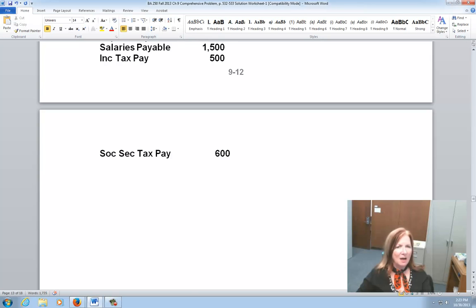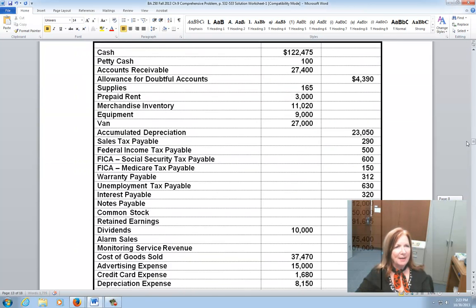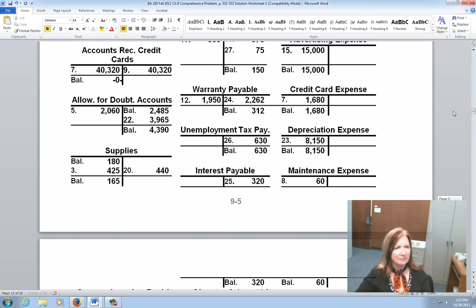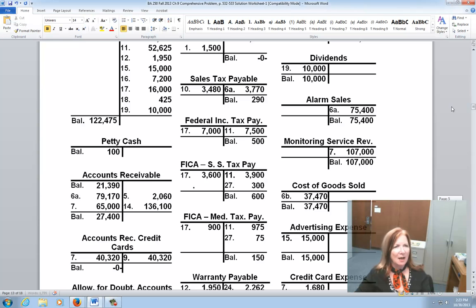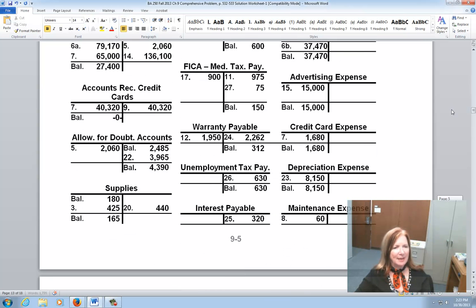And then I think one was Medicare tax payable and unemployment tax. So Medicare is the 150 and unemployment tax is the 630.